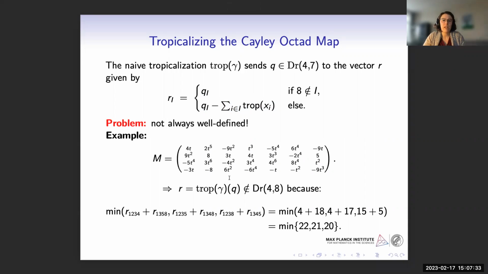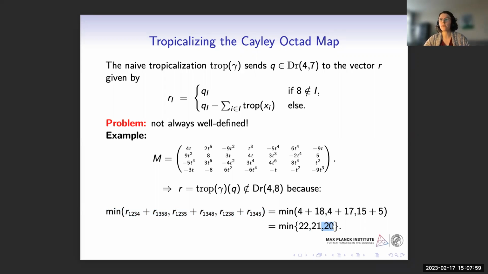It turns out it's not even in the Dressian 4,8. The Dressian is determined, as we heard from Victoria, by the 3-term Plücker relations. We pick one of these, and we need the minimum to be achieved at least twice. If we plug in the values for this specific point, we get the minimum only once and not twice. So it does not live in the Dressian.